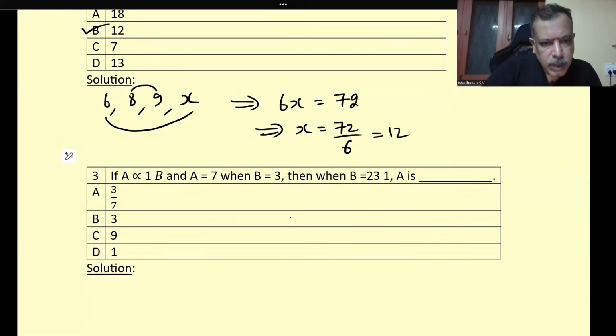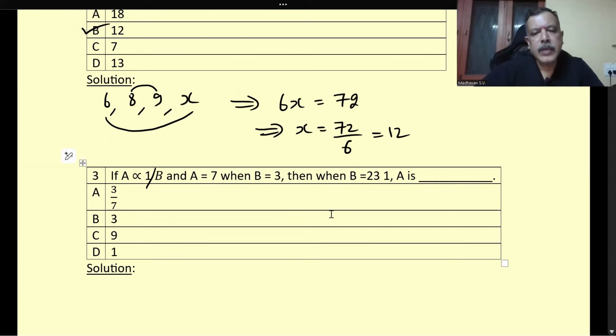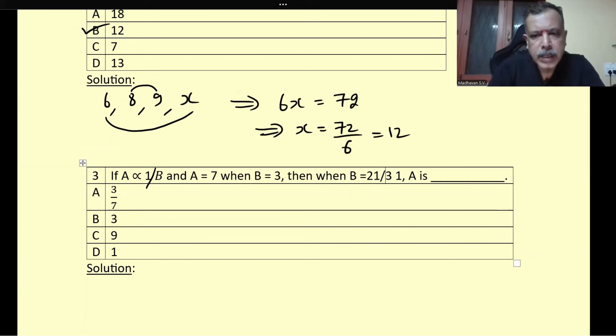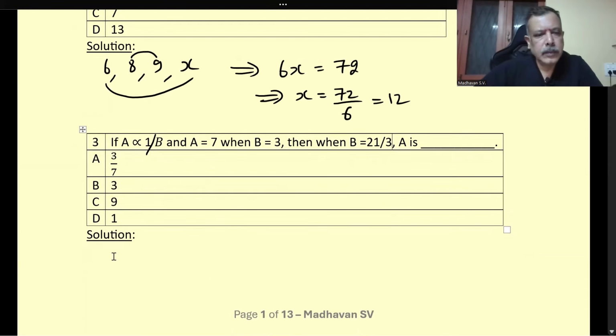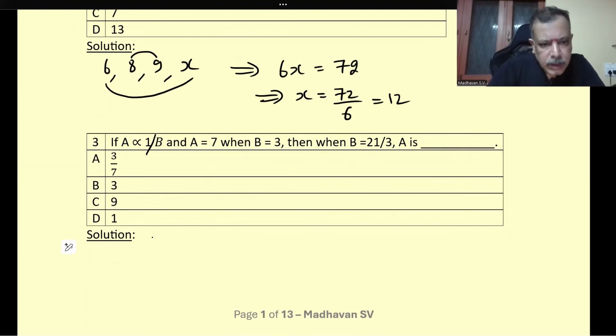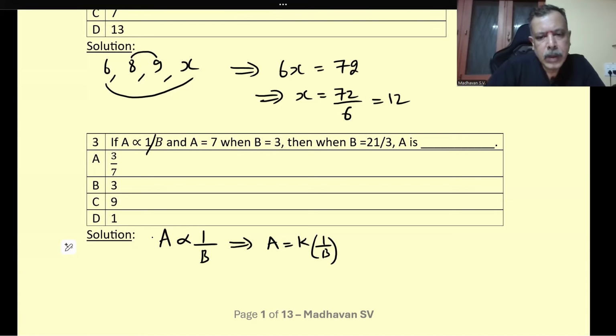If A is proportional to 1 by B, and A equal to 7 and B equal to 3, then when B equal to 2 1 by 3, we have to find out what is A. So given A is inversely proportional to B, this means we can express A as some constant times 1 by B, or we can simply write it as K by B. What is given?